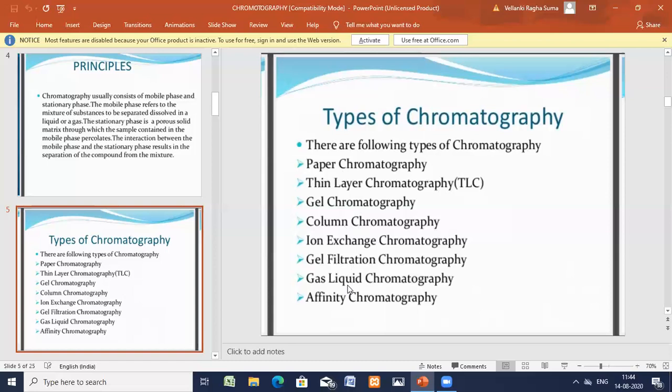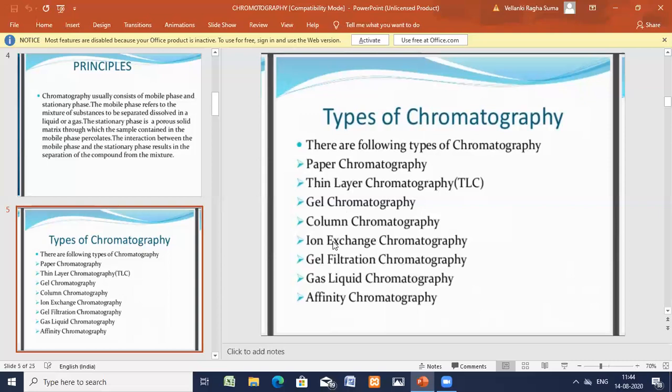I'll just explain to you. In paper chromatography, the stationary phase is solid, and the mobile phase is liquid. Even for TLC, the stationary phase is solid, and the mobile phase is liquid. Coming to gel chromatography, the stationary phase is gel, a solid matrix, and the mobile phase is liquid. Now coming to column chromatography, the stationary phase is solid, and the mobile phase is liquid.